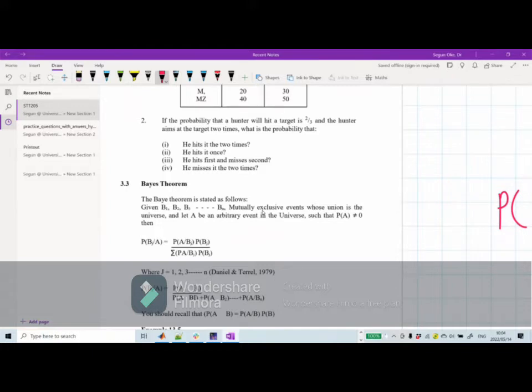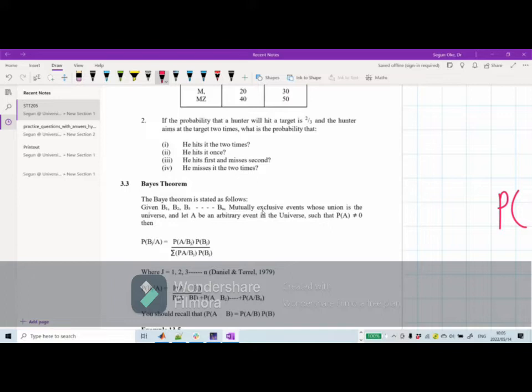For the other probability, if it's conditional probability, they will only give you one, like the one we did last week, talking about A given B. But in this case, not only one person is involved.